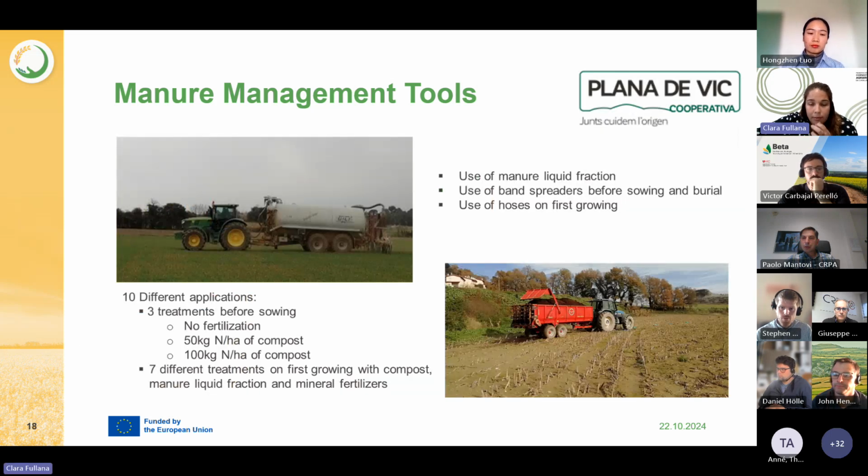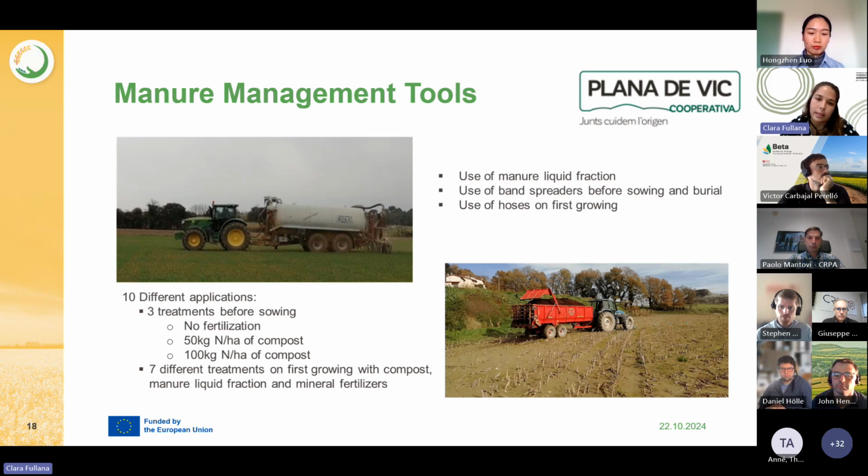In Plana de Vic, which is the cooperative that has the slurry concentrator that Victor explained to you, they made treatments in 2 different lands. In the first land, they used the liquid fraction from the slurry concentrator.